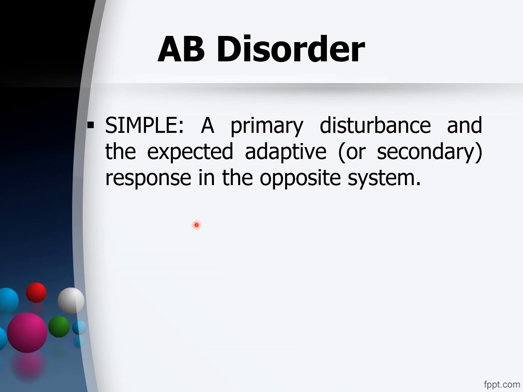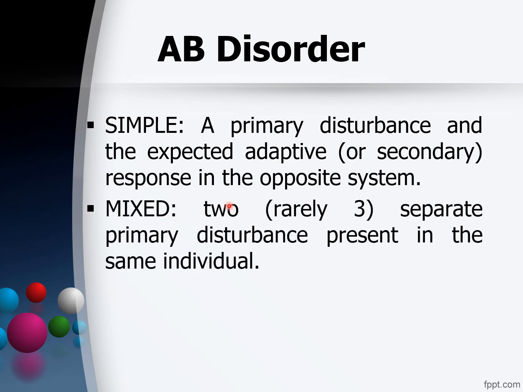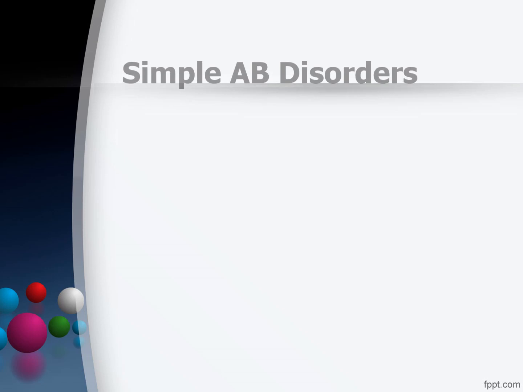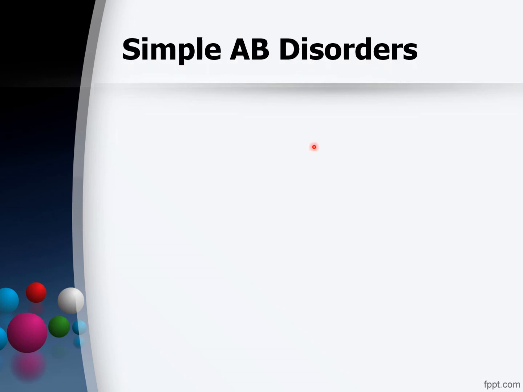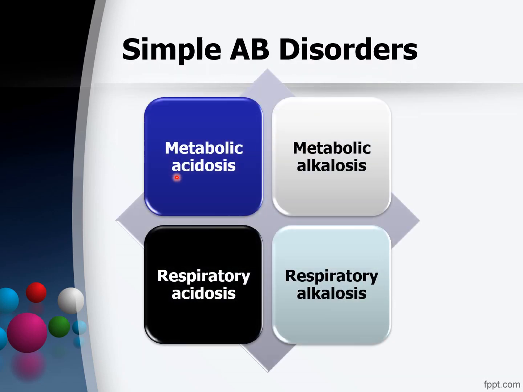How about the mixed acid-base disorder? This happens when two separate primary disturbances are present in the same individual. So in this type of disturbance, the compensation can be inappropriate. These are the examples of the simple acid-base disorders: metabolic acidosis and alkalosis, respiratory acidosis, and respiratory alkalosis.